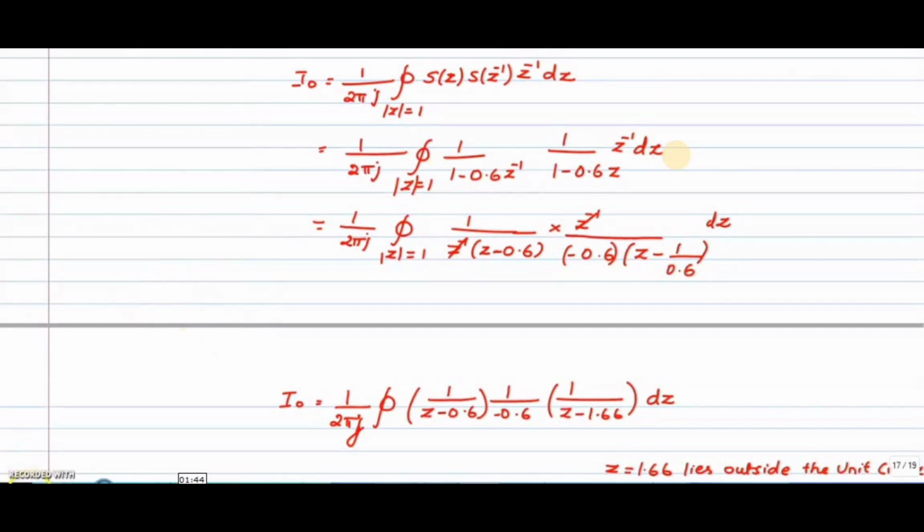Okay. So here, if I take 0.6 outside, I will get z minus 1 divided by 0.6. And here, if I take z power minus 1 outside, I will get z minus 0.6. So this z inverse and this z inverse get cancelled out.